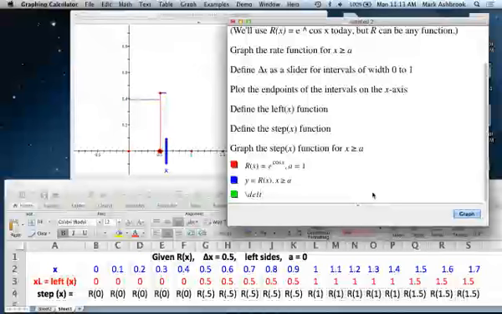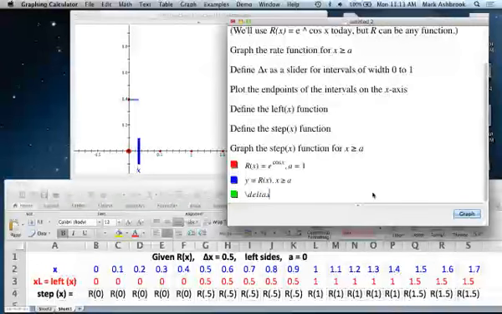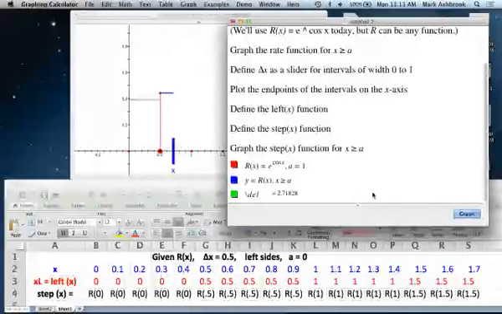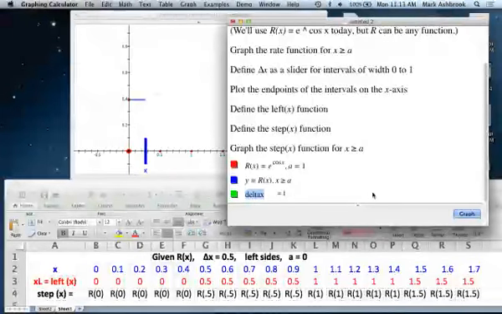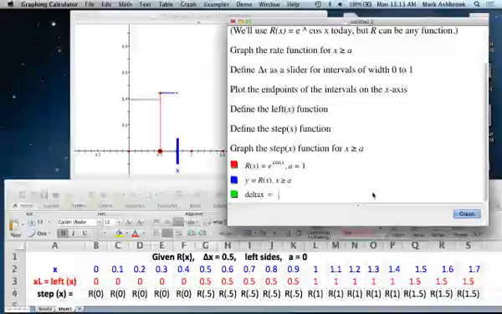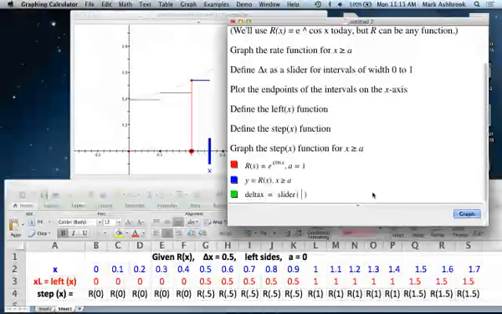Delta x equals. You have to use capital X, I think. Here we go. So we've got our parameter equals slider.